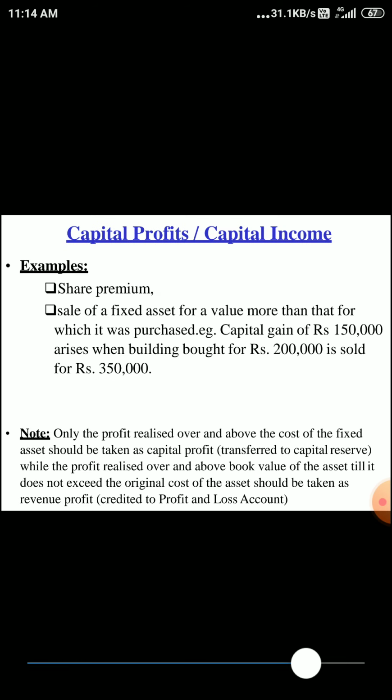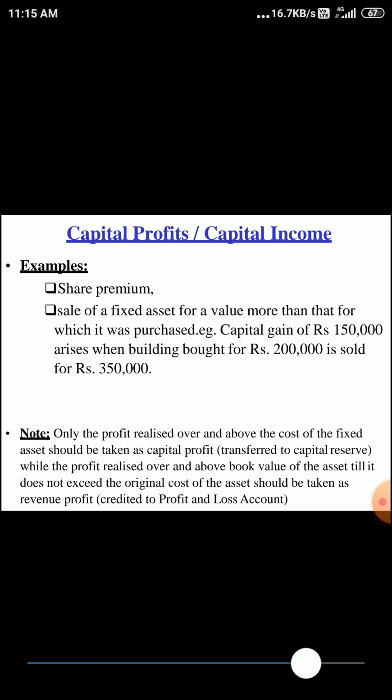So that profit is called capital profit. Similarly, for example, if you get any share premium, right? Share premium, as we know, is an extra amount. Shares can be issued on three bases. First is par, second is premium, and third is discount. If the face value is the same and you are issuing at the same price, it is called issued at par. If the face value is less and you are issuing at a higher price, it is called premium.